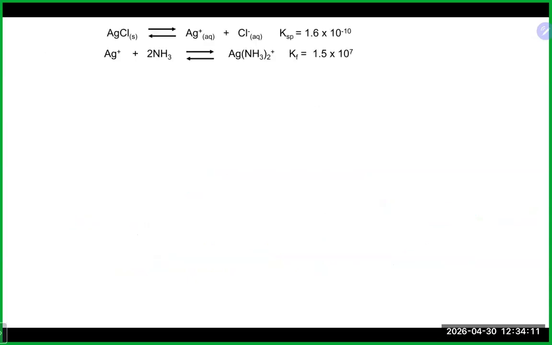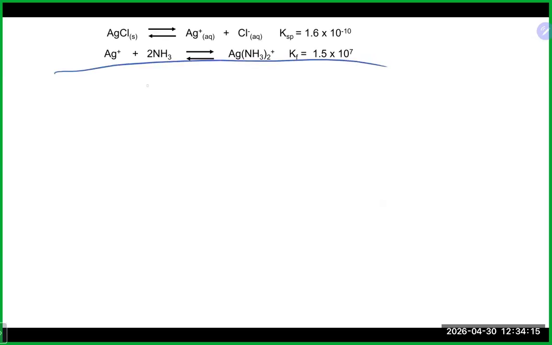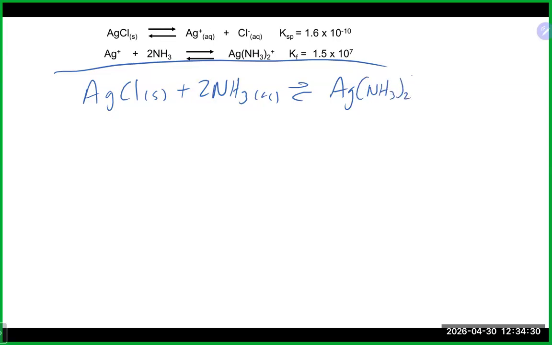So we're going to take my combined equation here. Oh, that's nice, I have the equation right there again. We got our silver chloride plus our ammonia going to my complex ion and my chloride in this case.